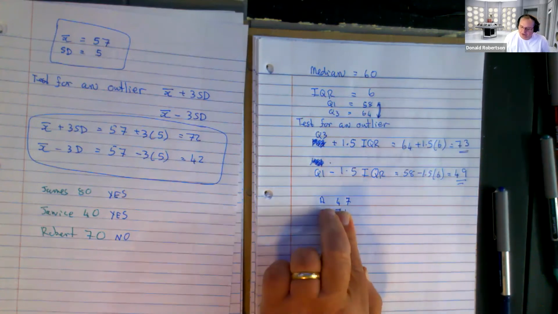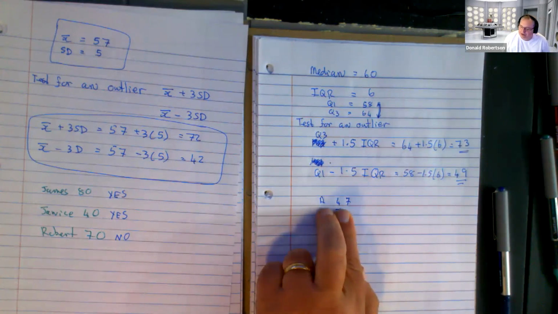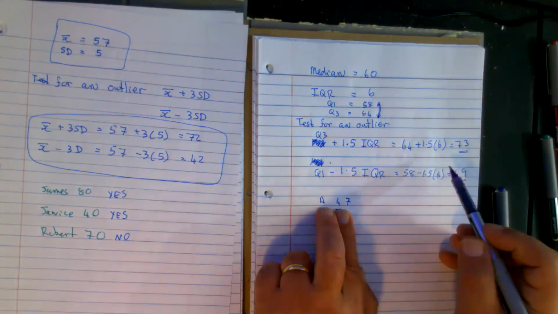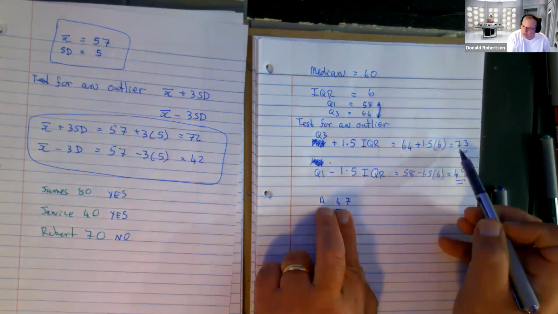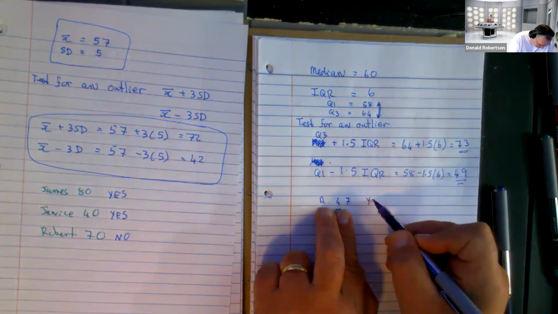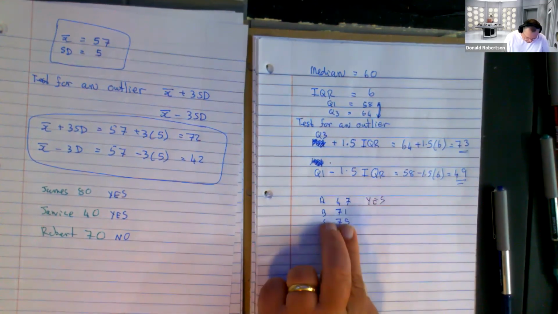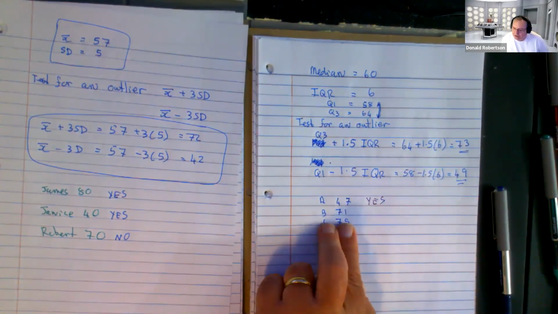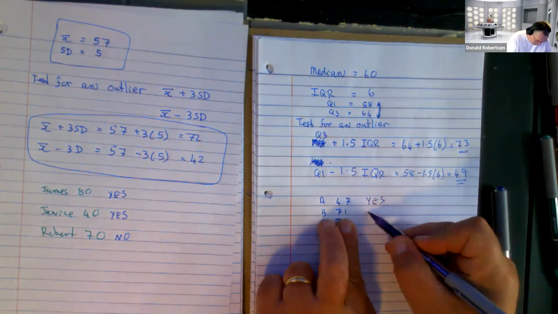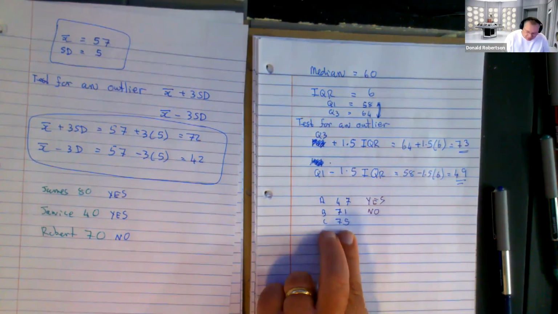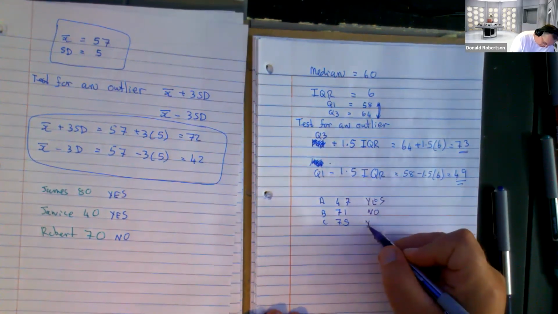Is that person considered an outlier for this data set? Yes. Less than 49 or bigger than 73. What about this person who's 71 inches? That's a no, isn't it? And lastly, what about a 75-inch person? Well, that would be a yes, isn't it?